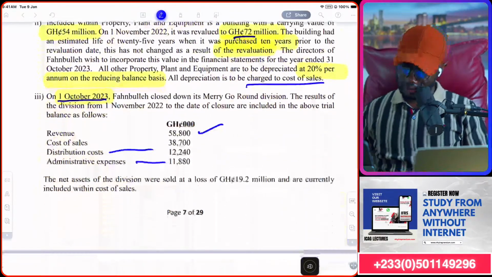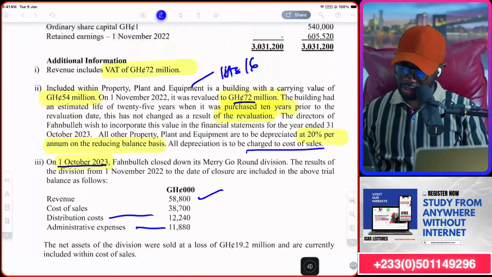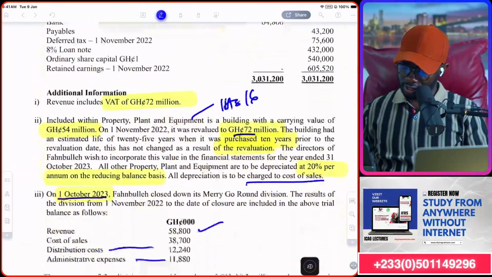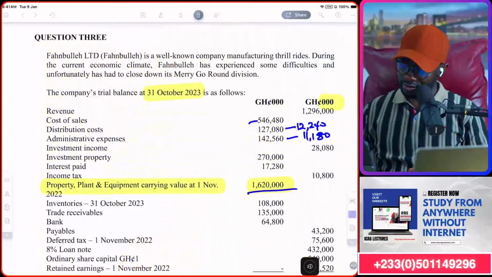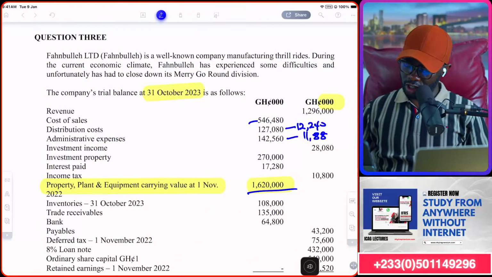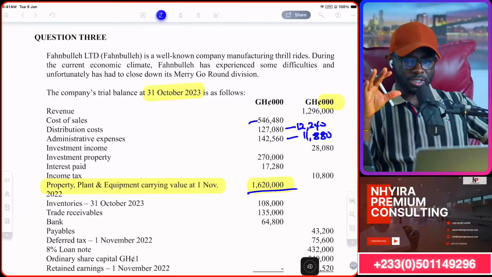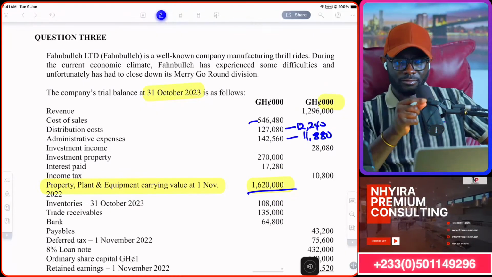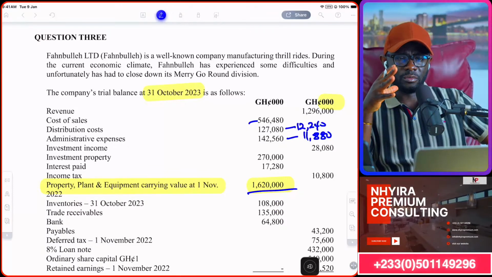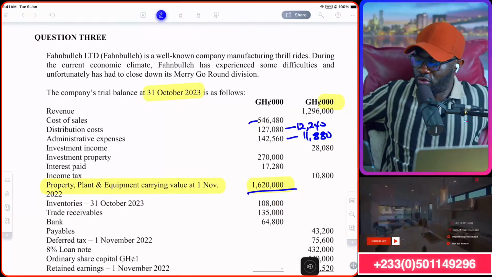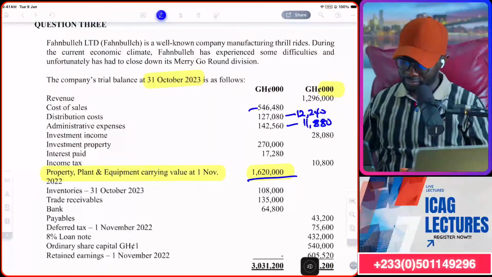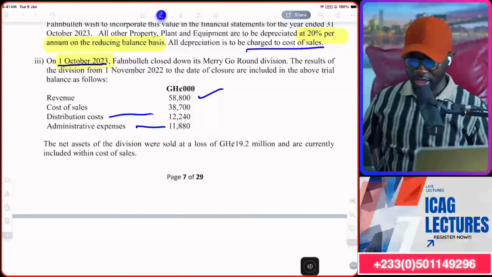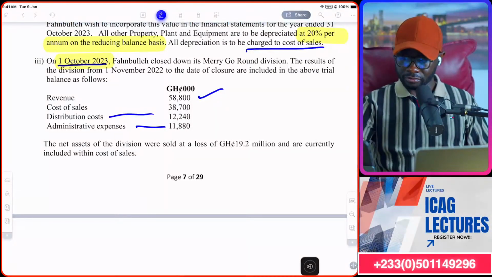And then admin is 11,880. Because remember, you are working with time. So some of the workings, very simple like this, if we don't have a lot of information about it, then we want to just do it on the face of the financial statement, if we don't have additional information coming up for the period under review.